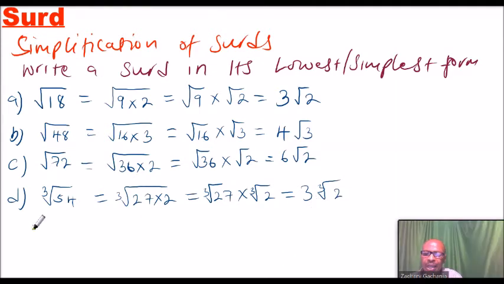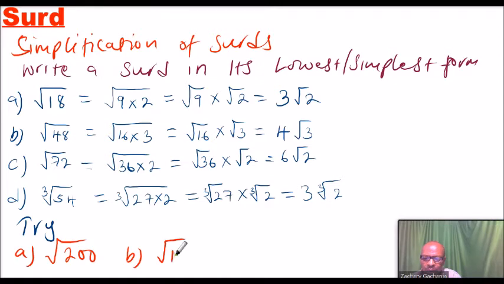So with that, I think now you can see how we simplify surds. So you can try this. We can say A, the square root of 200. We have B, the square root of 12.